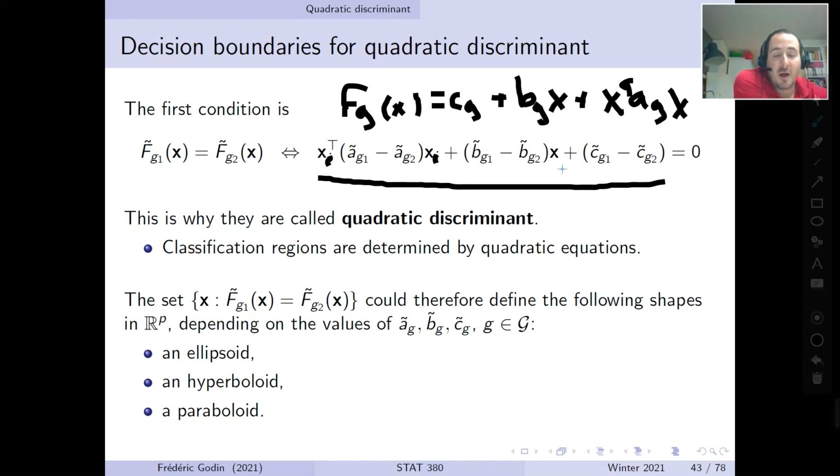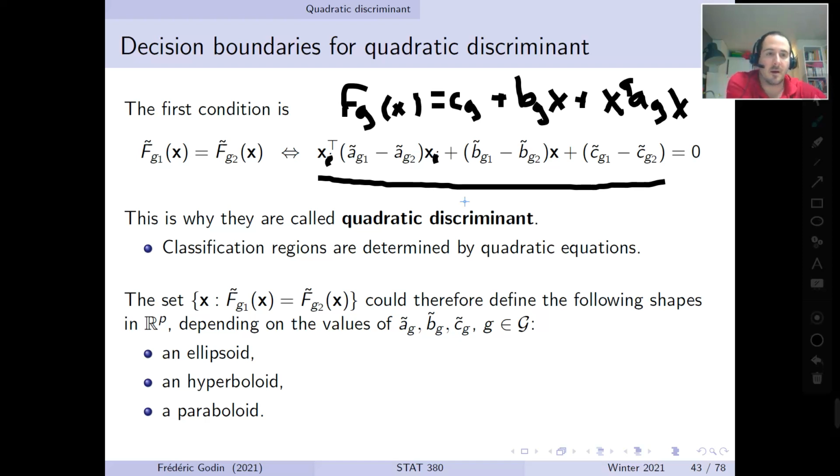And so solving for the x's which equate this expression to 0 is a quadratic equation. So the decision frontiers obtained by this method would be characterized by quadratic functions in the predictor space. This is why we call the approach quadratic discriminant analysis, because the solutions identifying the decision frontiers are quadratic functions within the predictor space.